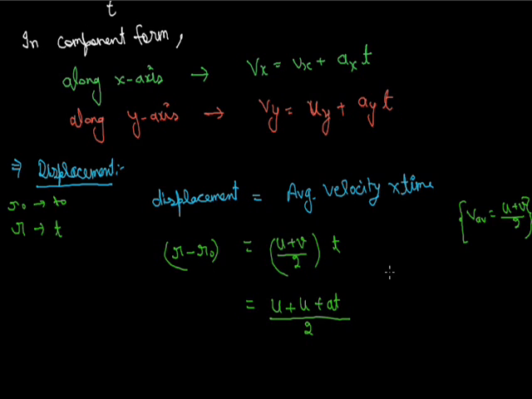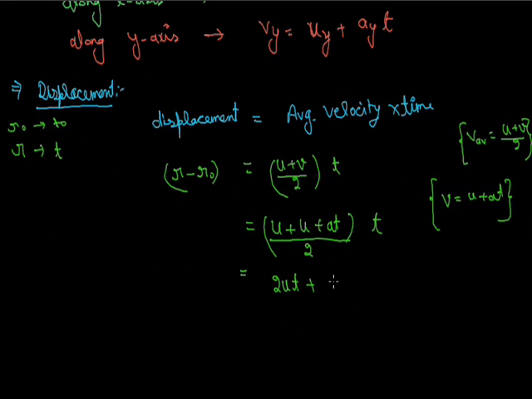We put the value of v. We know v equals u plus at, and this whole term is multiplied with t. Now this becomes 2ut plus at square divided by 2, and this is also equal to ut plus half at square.